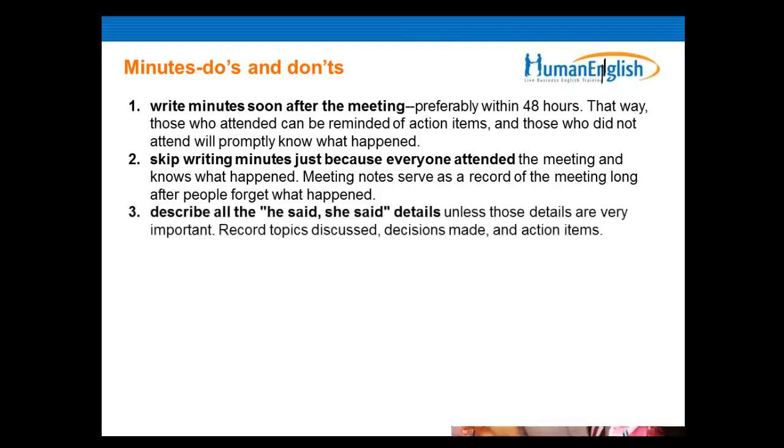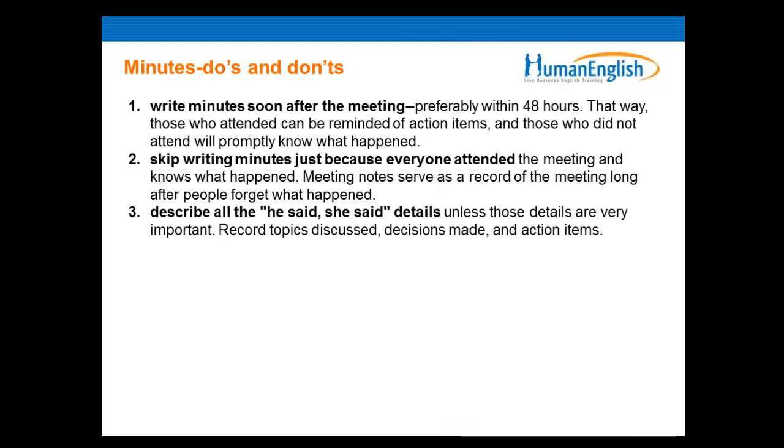Okay, number 3: describe all the he said, she said details unless those details are very important. Record topics discussed, decisions made, and action items. So what do you think? Okay, we have different answers. Gunther said do and Perry said don't.